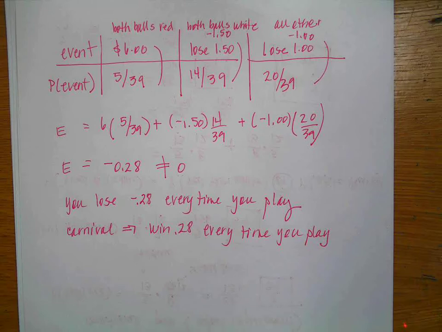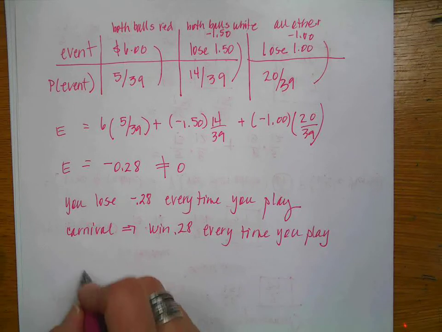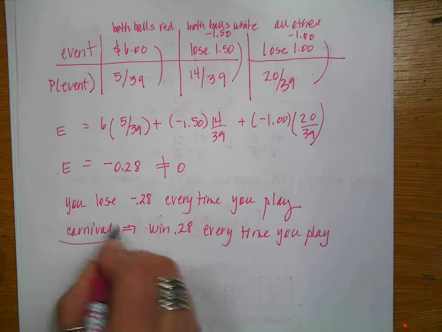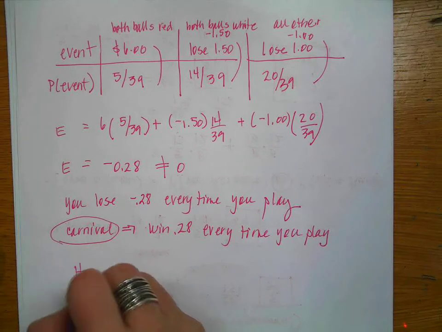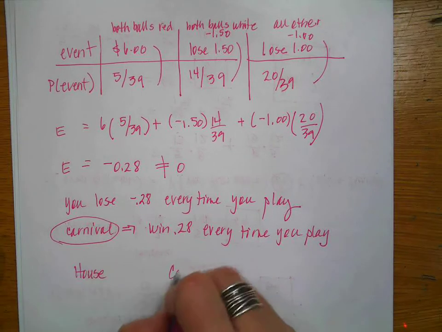It doesn't seem like much money, but if you think about the number of people that go to a carnival and the number of people that try to win, so the more times you play, the more money the carnival makes. Okay? All right.